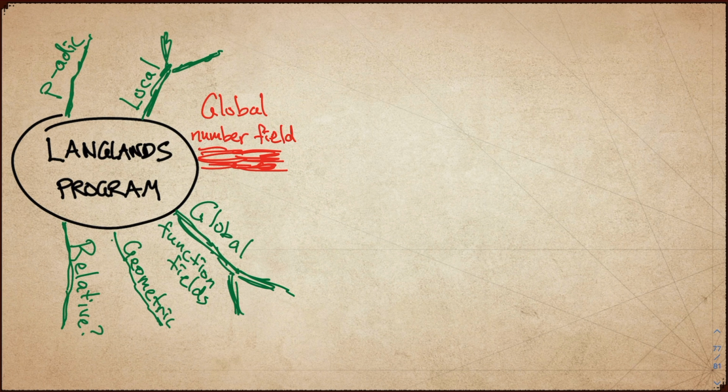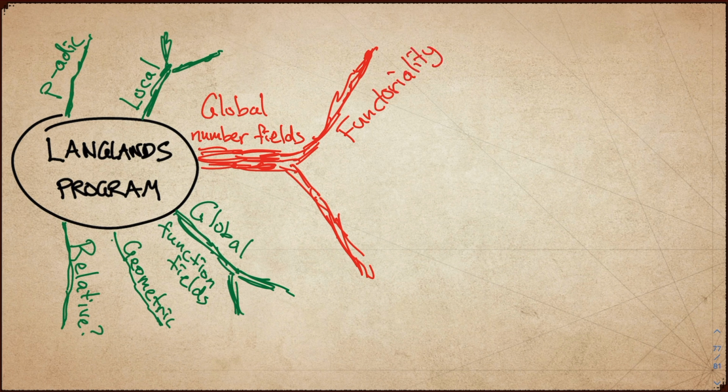And this main branch consists of two major themes. One theme is functoriality, and we'll get back to that some other day. The other theme is reciprocity.